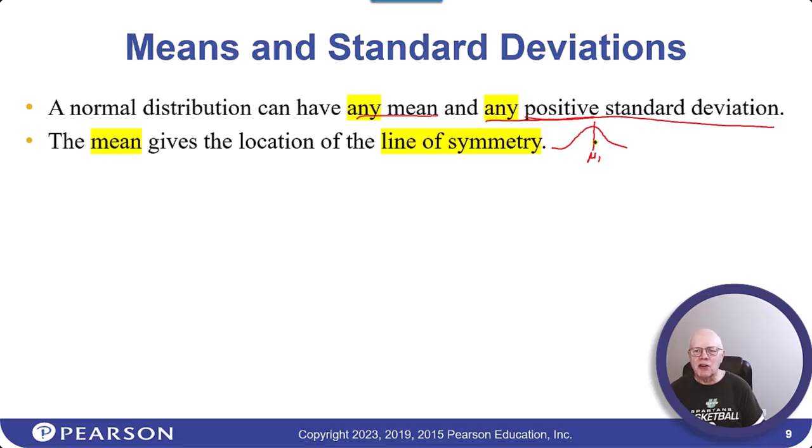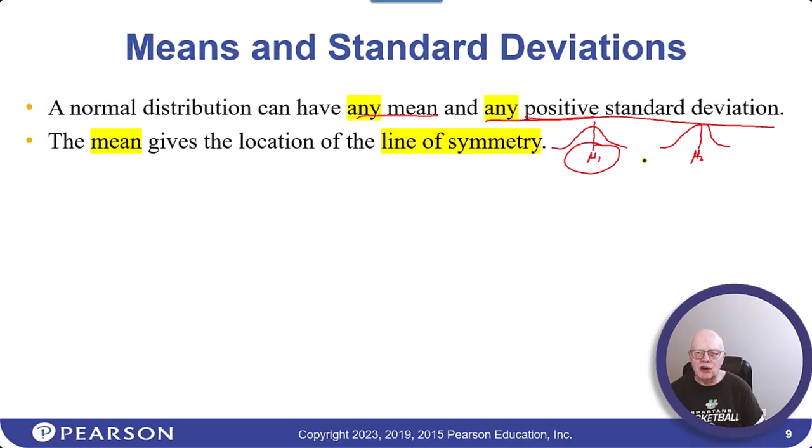And you might have another one further to the right. This normal distribution, we'll call this distribution 2, has its mean right in the center, but notice they're left or right of each other. And this one over here could be in the negative range.